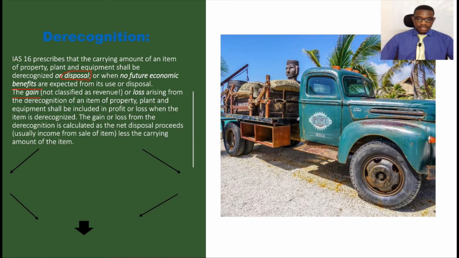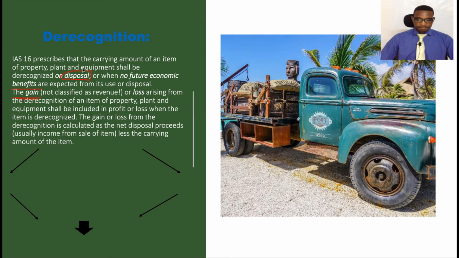The gain is considered as revenue under other income in the statement of profit or loss. The new amendment classifies that the gain or loss from the disposal or removal of the asset should be classified under the other income heading.